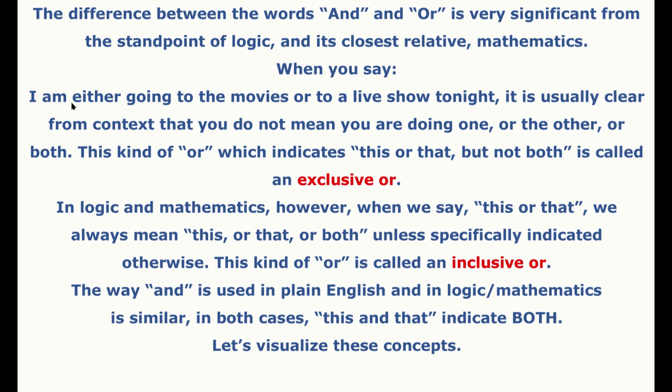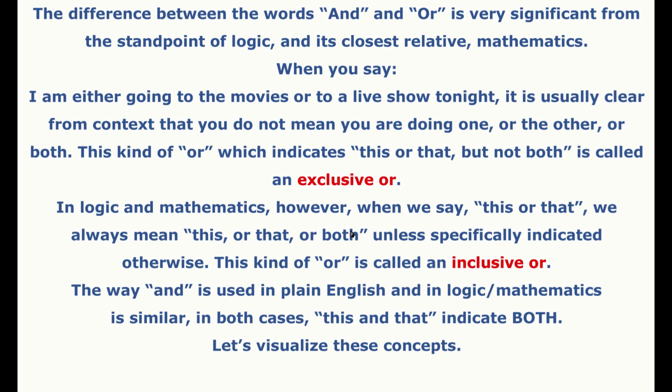When you say, "I'm either going to the movies or to a live show tonight," it's usually clear from context that you do not mean you're going to do one or the other or both. This kind of "or," which usually indicates that you're going to do this or that, but not both, is called an exclusive or, which is the kind of "or" we usually use in regular conversational English.